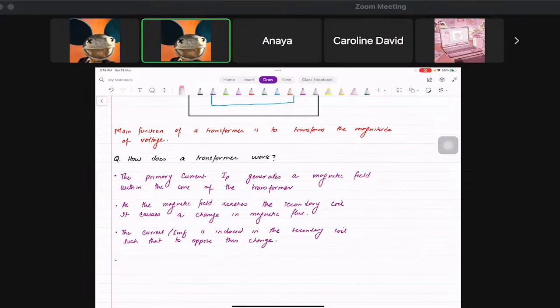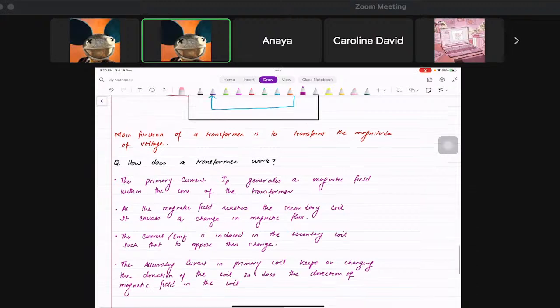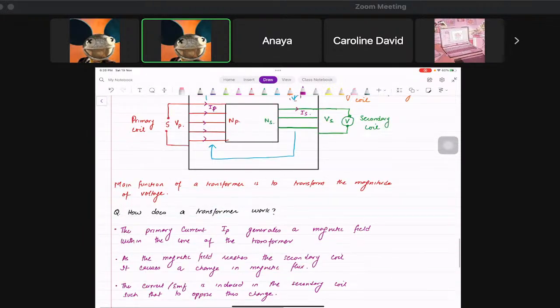Now, the alternating current in the primary coil keeps on changing the direction of the current, so does the direction of the magnetic field in the coil, which means that basically, you can write it down once I've done this.